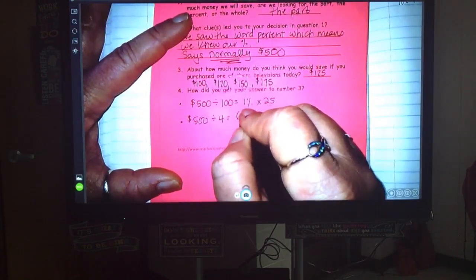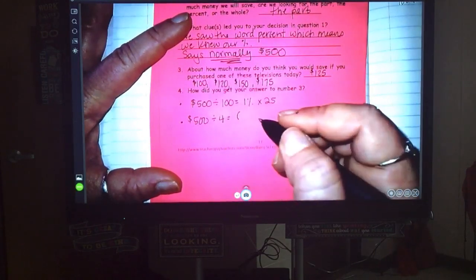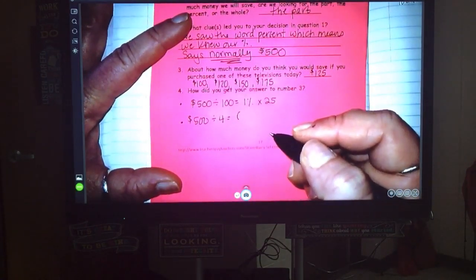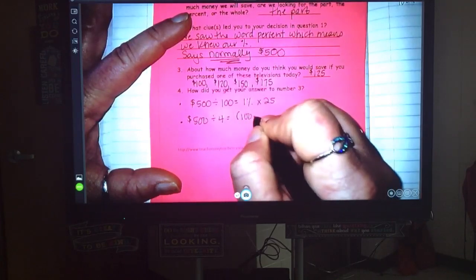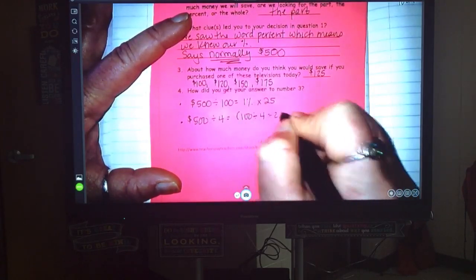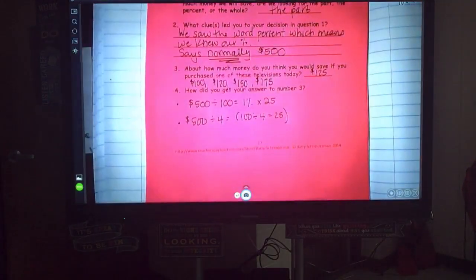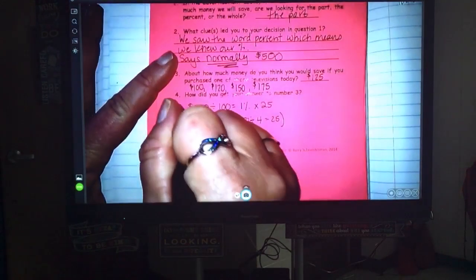I know that 100 divided by 4 is 25. Yes. So I thought I could get the answer by dividing 500. Perfect. Okay, give me one more strategy that we used.